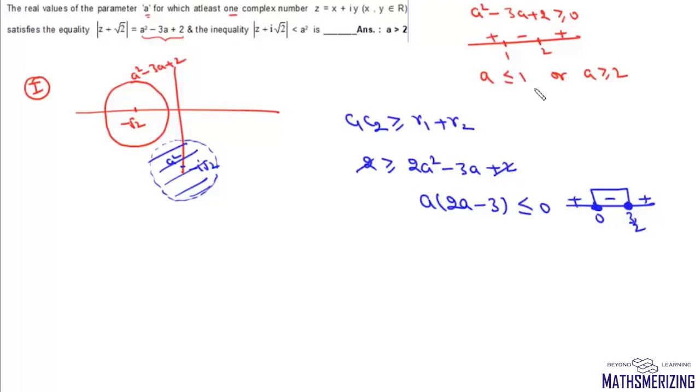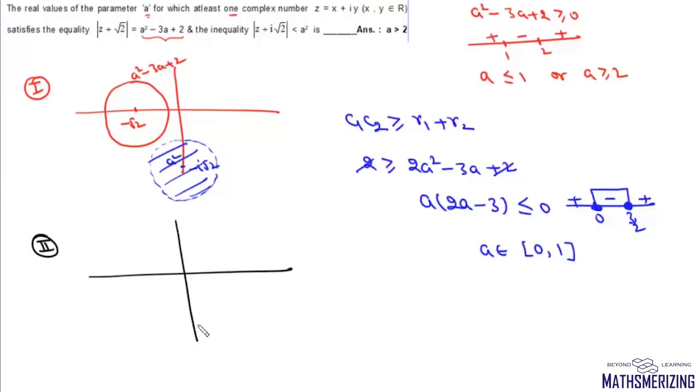But value of a should be less than 1. So this first case will be when the value of a lies between 0 and 1. And there won't be any solution in this second case when this inequality region lies completely inside this bigger circle.